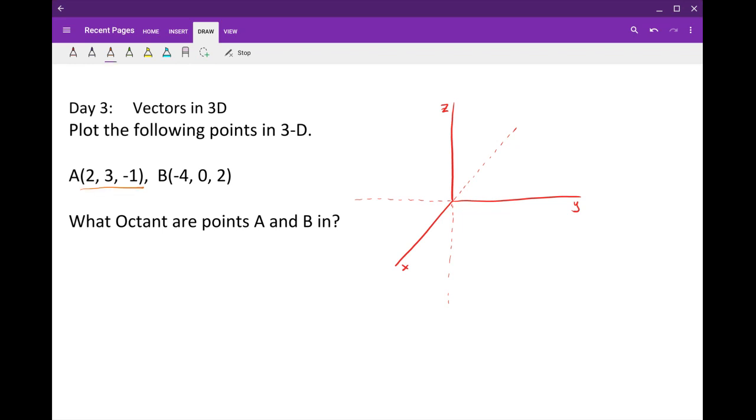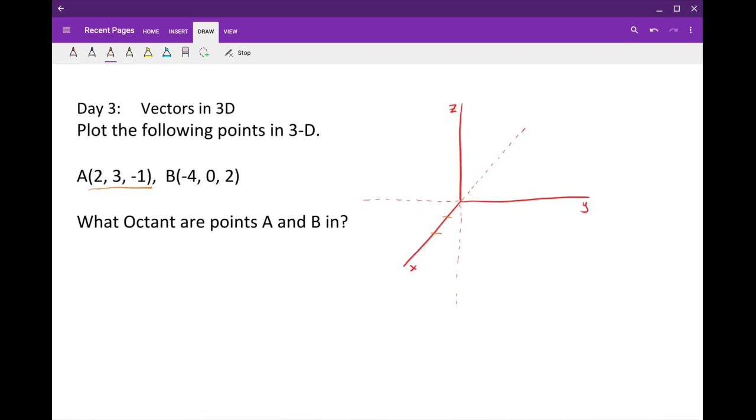So let's draw this point, 2, 3, -1. So when I draw, I kind of make 1, 2, right? And you want to kind of give it a little bit of a perspective.